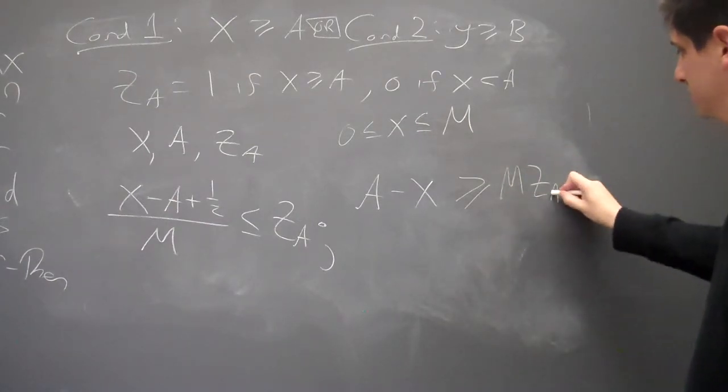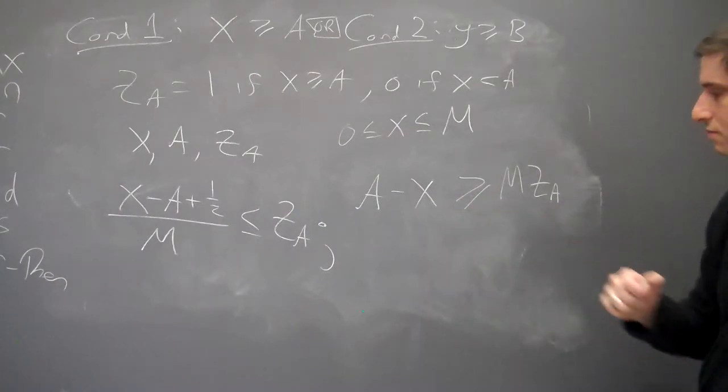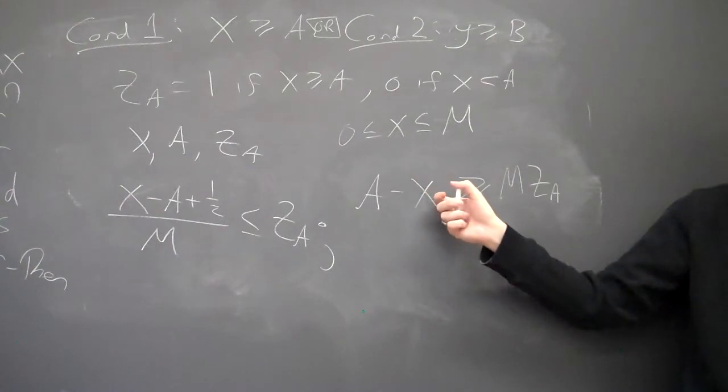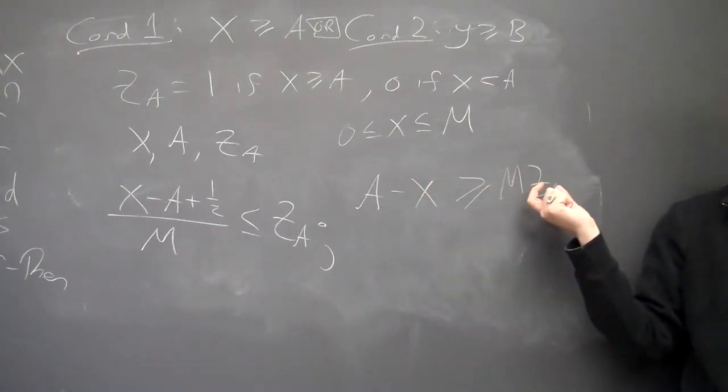Let me see something like this. The problem again is, if x is less than a, this is a positive number. This forces z to be 0.